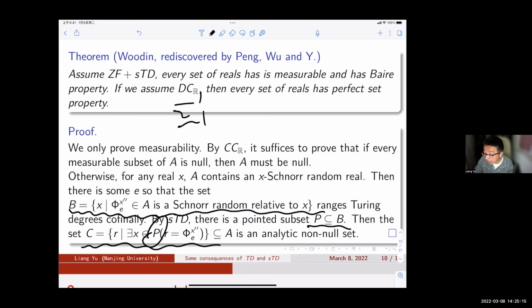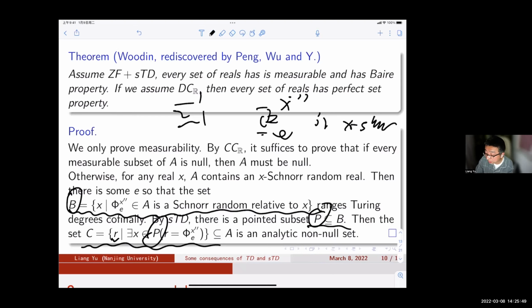Why? Because this set has a perfect pointed set, and P is a pointed set. So the Turing degrees in P range cofinally. The reals in P range over Turing degrees cofinally. Then phi X double jump computes an X Schnorr random, so this R is Schnorr random.